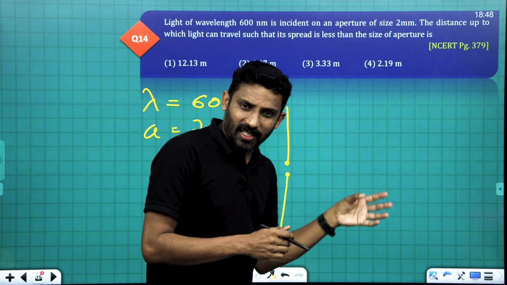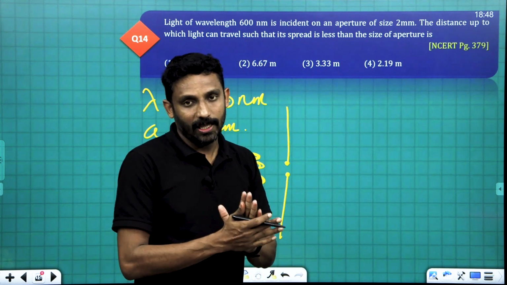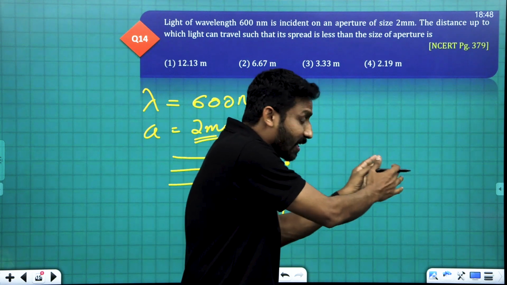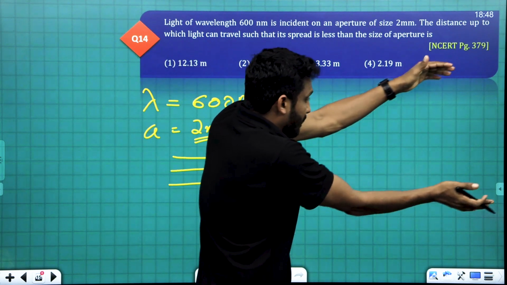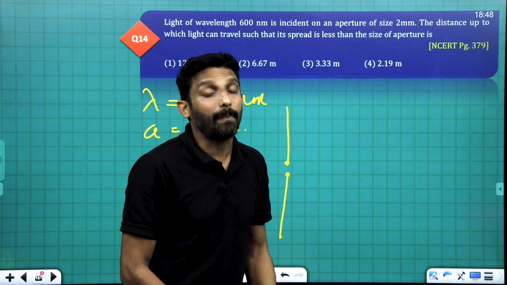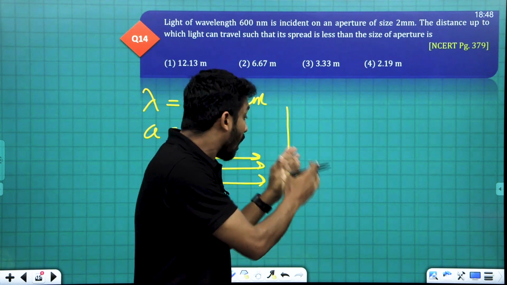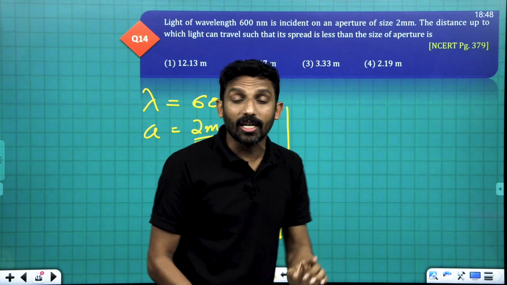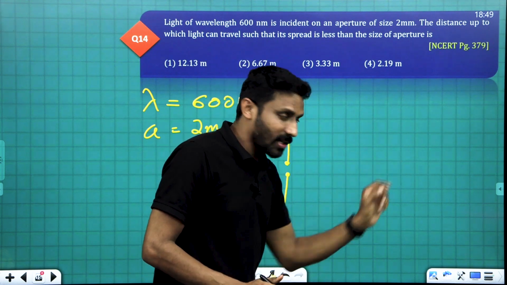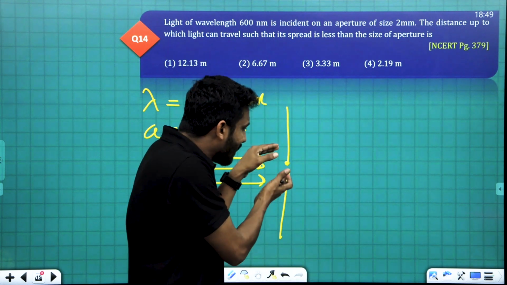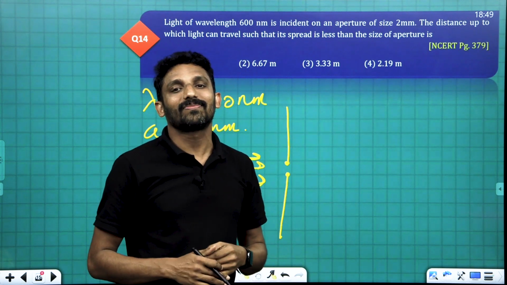The spreading effect is not significant for a particular distance, and it increases as we move away from the aperture. The distance up to which the spreading is not significant is called the Fresnel distance. Up to the Fresnel distance, we can take this as rays, or ray optics is valid.